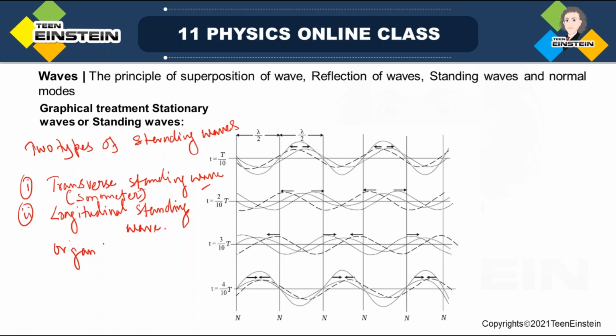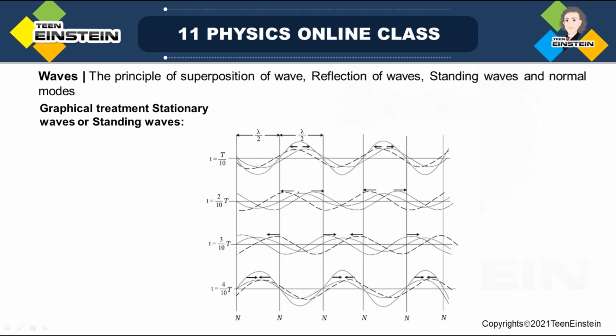In organ pipes, a longitudinal standing wave is created. In a sonometer, a transverse standing wave is produced. Okay. Now we'll try to understand graphically how this formation happens.